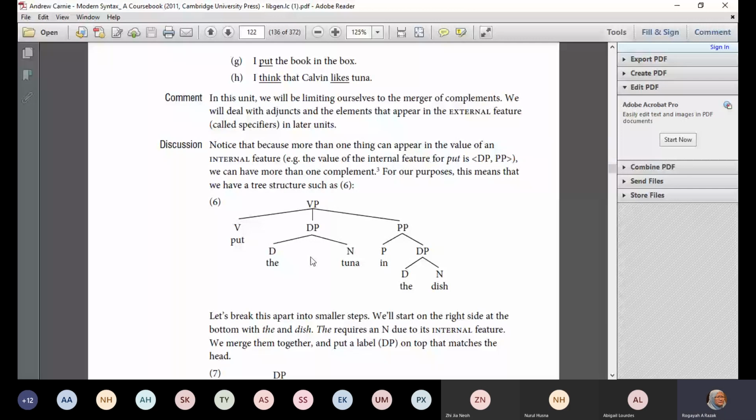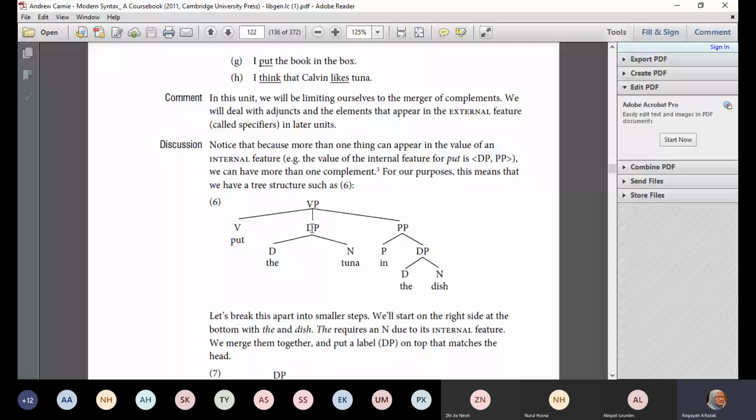After we've checked whether the specification of determiner the is satisfied by the tuna, then we merge them together and we get a DP. Right? So now we have a V, DP, PP.